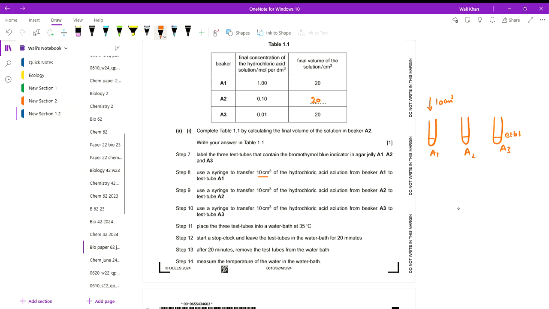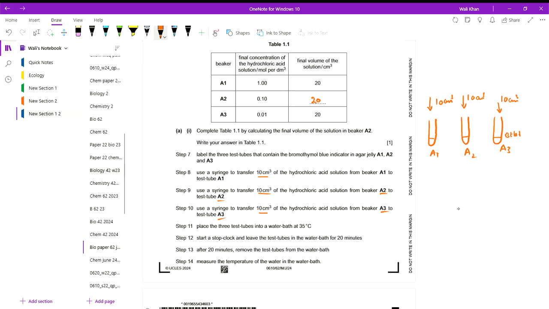Use a syringe to transfer 10 cm³ of hydrochloric acid solution from beaker A2 to test tube A2. Use a syringe to transfer 10 cm³ of hydrochloric acid solution from beaker A3 to test tube A3. Same with test tube A3, 10 cm³.